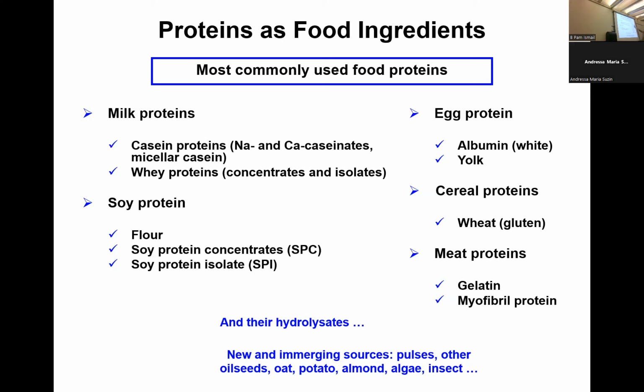I always have the lectures ready to go, but sometimes I run out of time. And then we won't talk about potato or almond or algae or insect protein, but they are emerging, and we kind of introduced some of that at the beginning of the semester.